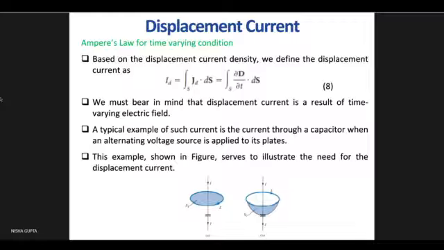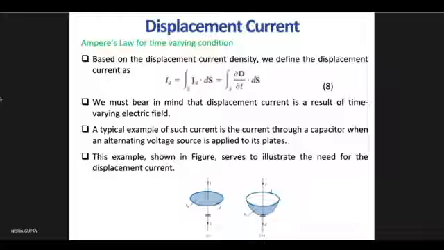This surface S1 is not enclosing the capacitor, it is just enclosing the wire. The current is depicted by I. The current which is entering here is also coming out of the capacitor. So this current I and I are both the same. It has to be the same. So S1 is a closed surface which is enclosing the wire only.